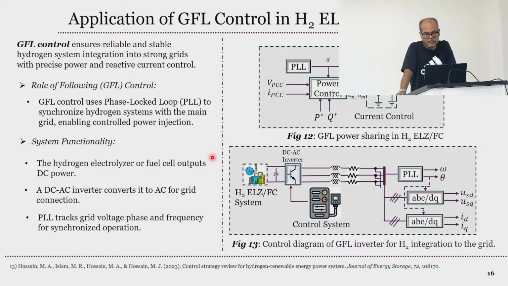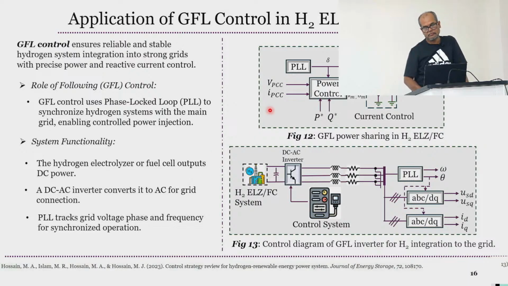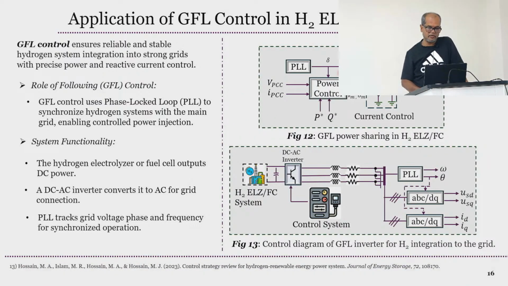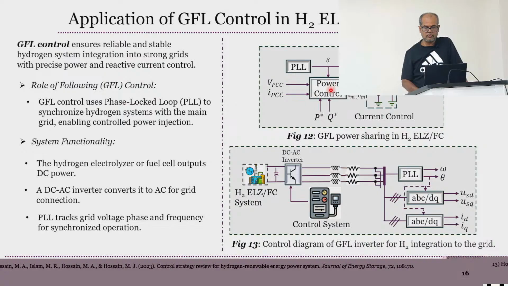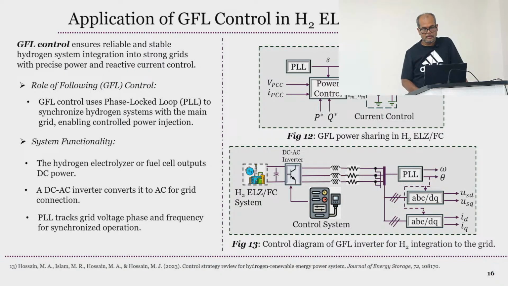If you have other devices in the system, again the technique would be quite similar: you will have that PLL and then that power control, and at the end you will have the output control signal, which is voltage and angle. It is going to come to your current source control mode. Then it will be connected with the grid.